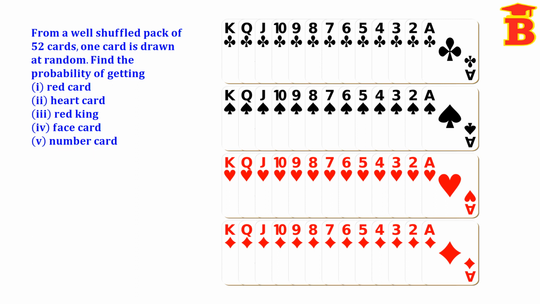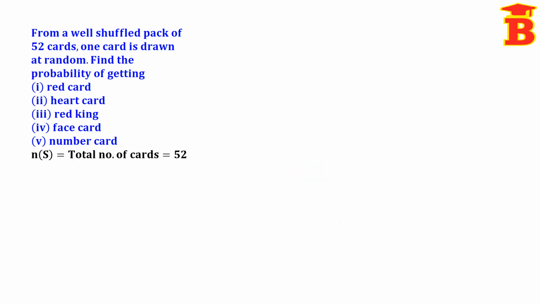Next, number card. Here we have the number 2, 3, 4, etc. up to 10. So these are number cards and we have the number cards in all the 4 symbols. And the total number of cards is 52. So N of S equal to total cards 52. Now let us write the answers one by one.